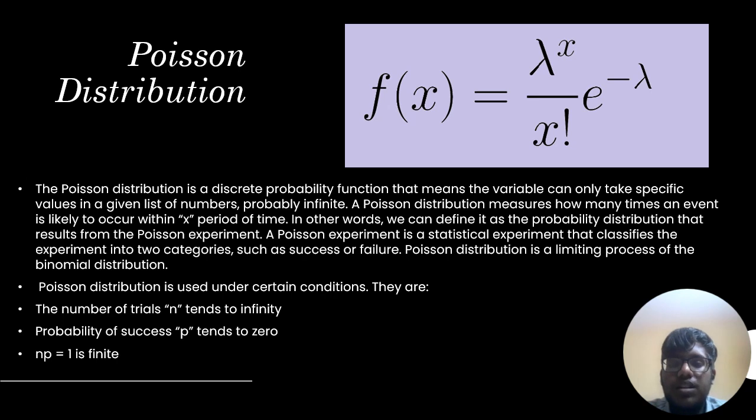A Poisson experiment is a statistical experiment that classifies the outcome into two categories, such as success or failure. Poisson distribution is a limiting process of the binomial distribution. It is used under certain conditions: the number of trials n tends to infinity, the probability of success p tends to 0, and np is finite.